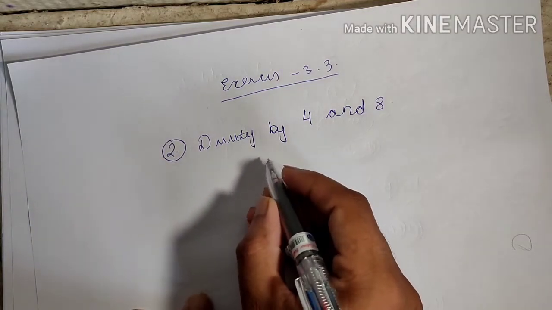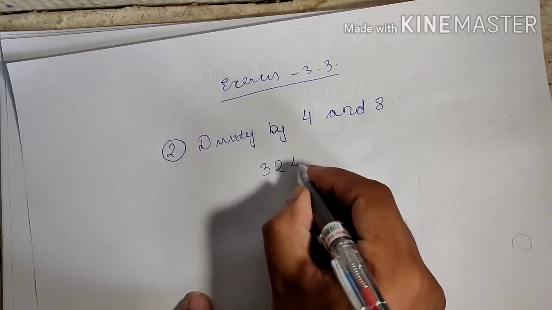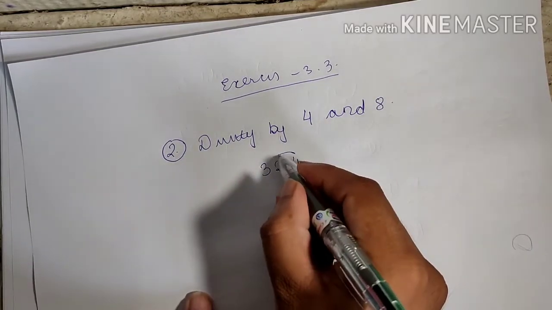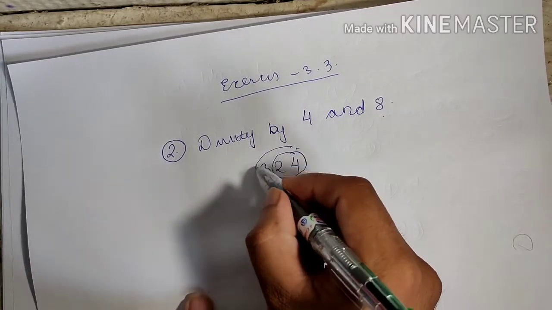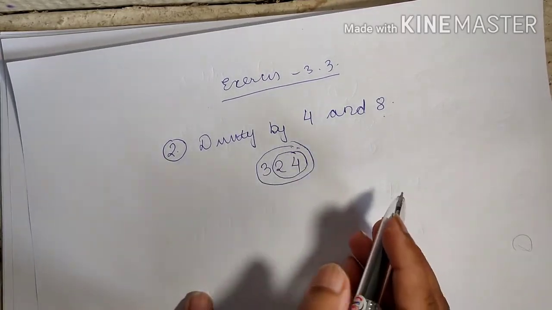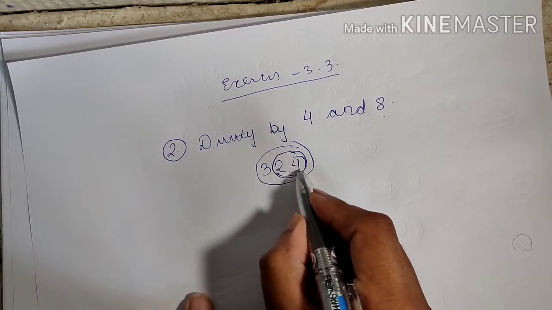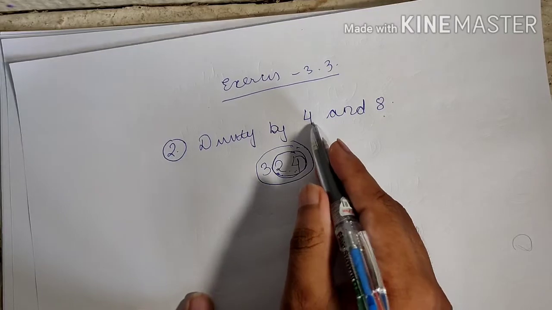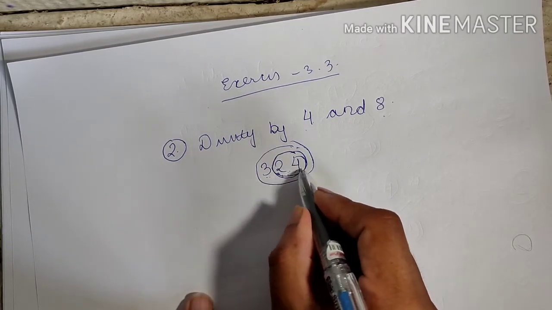If a number is given, say 324, what you have to do? For 4 you have to see the last 2 digits, and for 8 you have to see the last 3 digits. That means you have to see the whole thing. So for 4 you will see the last 2 digits, that means 24. Is 24 divisible by 4? Yes, 4 sixes are 24. Then you can say that yes, 324 is divisible by 4.